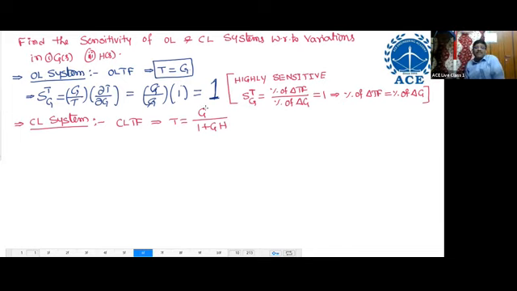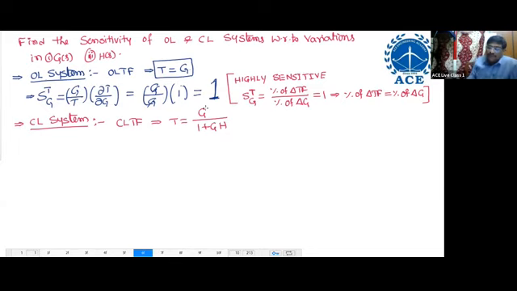Just like A by 1 plus A beta in feedback amplifiers, which you studied. What is the gain of a feedback amplifier? A by 1 plus A beta. Here A means G, so G by 1 plus GH. Those who have not studied control systems, it will come in block diagrams. I will derive how to get G by 1 plus GH.